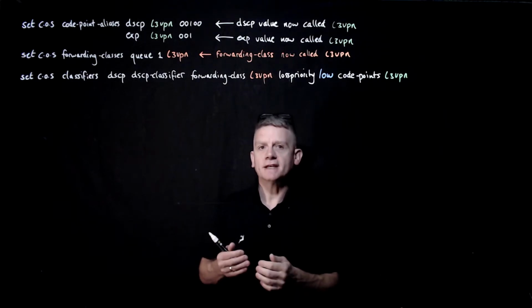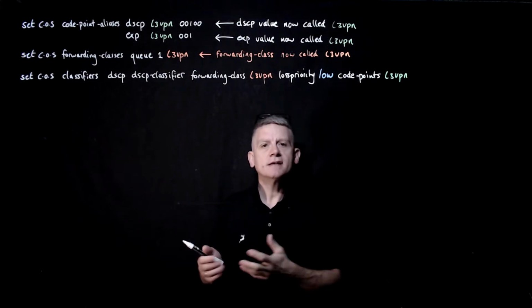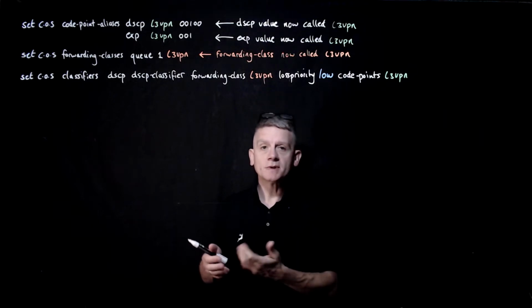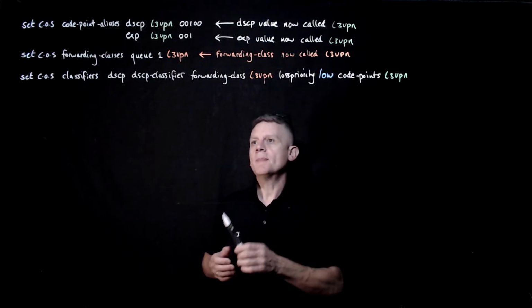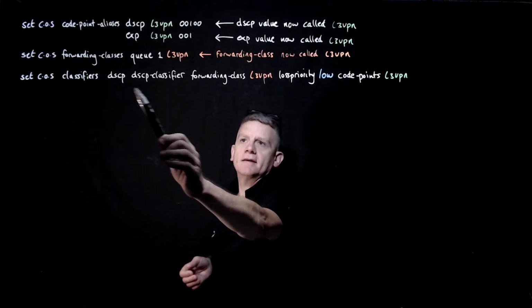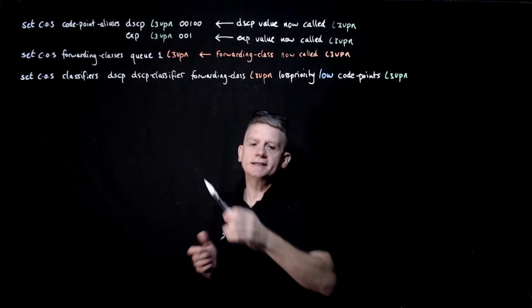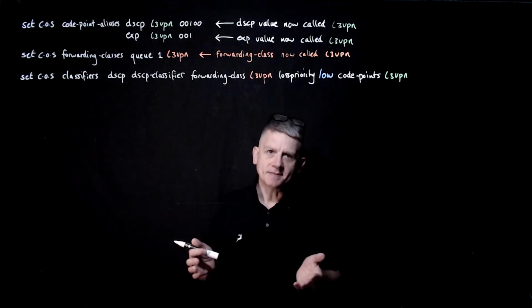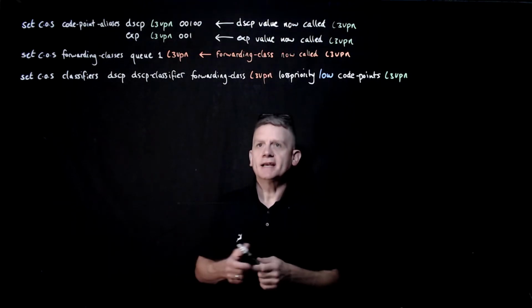Then the next part of this is the classifier. So as traffic arrives at the router, we would like to classify it. Here we have a DSCP classifier, and we could have an EXP classifier. We've called our DSCP classifier DSCP classifier. It's as good a name as any.